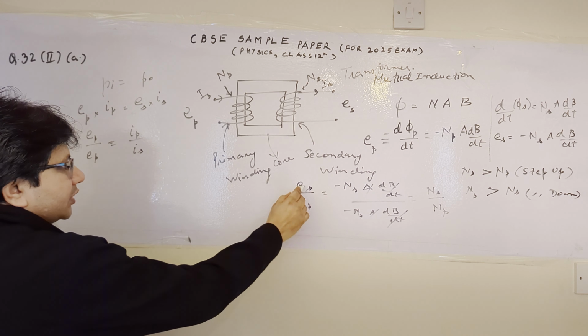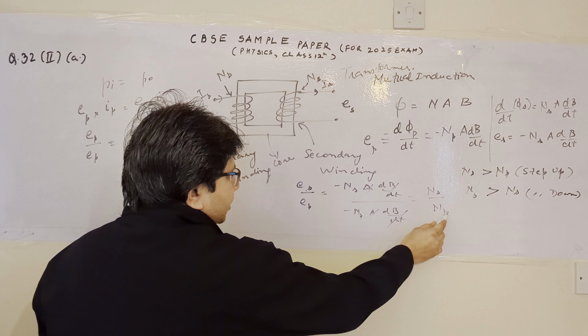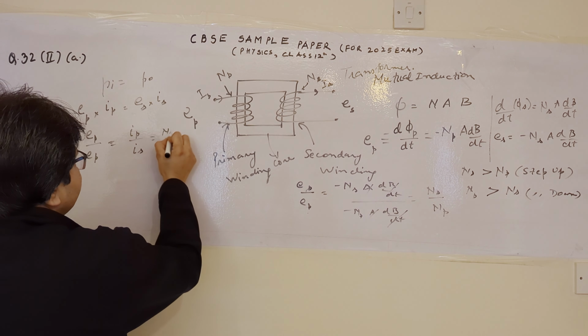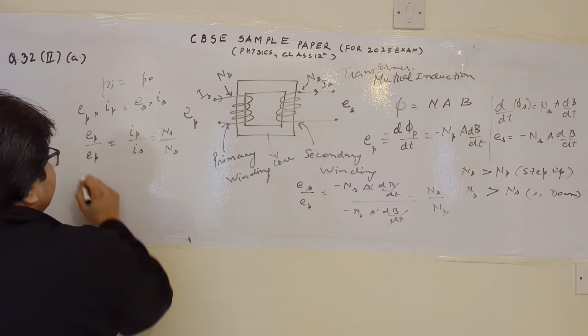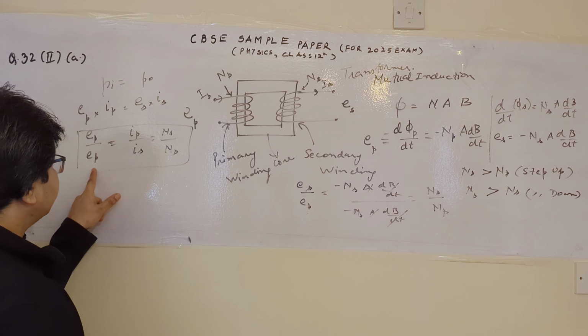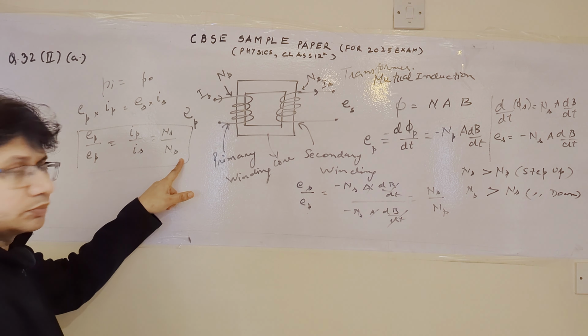Now we also know that E_s upon E_p is equal to N_s upon N_p. So in this way we have related all three parameters: the voltage, current and the number of turns.